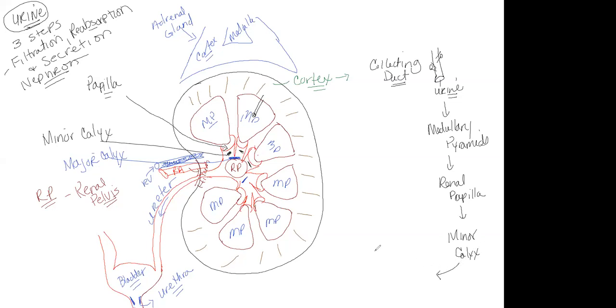From the minor calyx to the major calyx. And from the major calyx into the renal pelvis. And from the renal pelvis into the ureter to the urinary bladder, and then into the urethra, where it will leave the body.